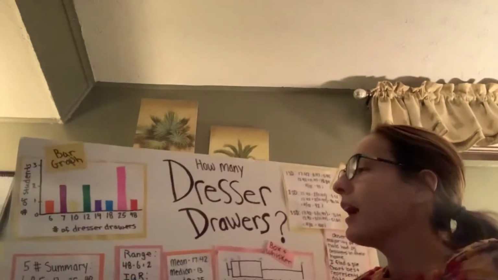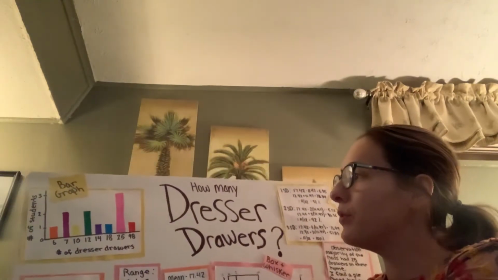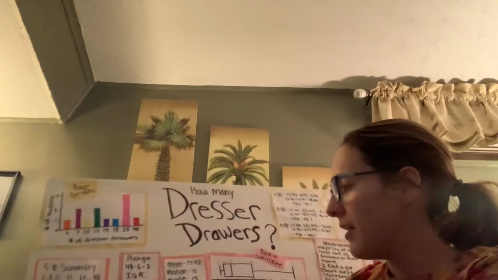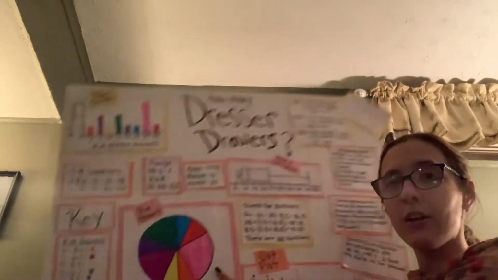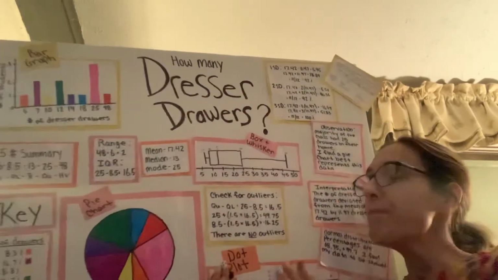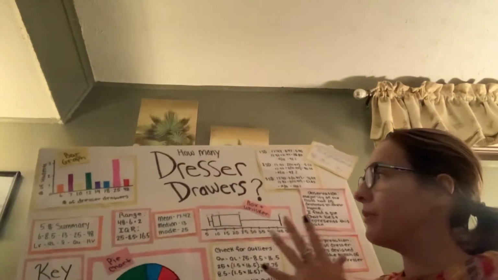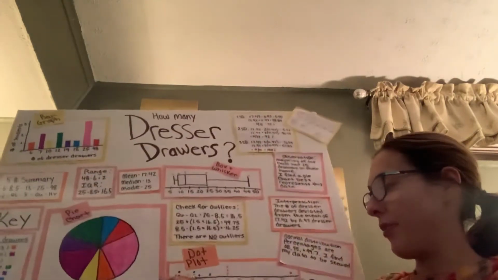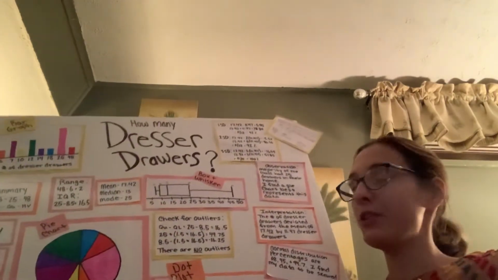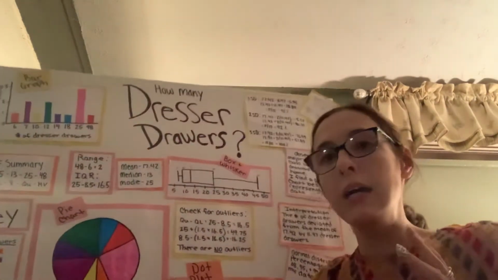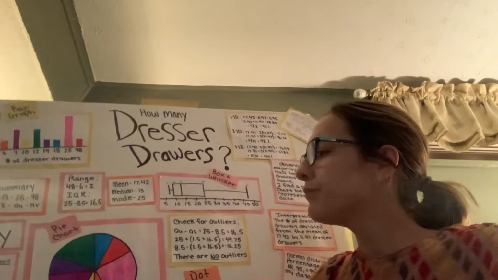With the bar graph, I thought it was a good way to individually show with the columns, the bars, and then I did the pie chart, and I thought that was a good way, obviously, to show everything as a whole. We can break that more into percentages, whereas the bar graph and the dot plot, they're strictly number based. So I liked that the pie chart did percentages just to put it into a different perspective for you all.